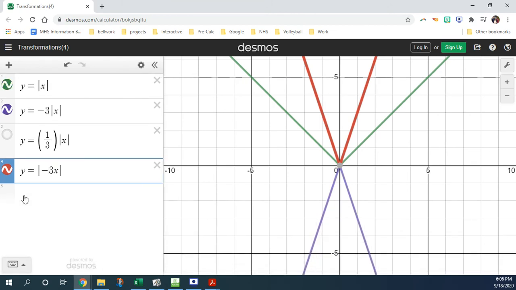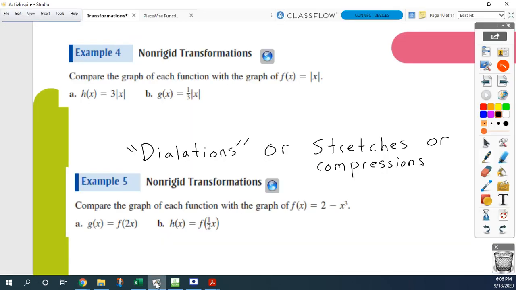And the reason for that is going to be because our absolute value graph is symmetric about our y-axis. And so even if I flip it, it's still going to be the same graph. Or we could think about it, the absolute value of a negative is going to give us a positive. So we would end up with the same thing that we started with.